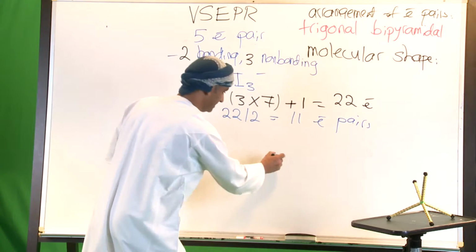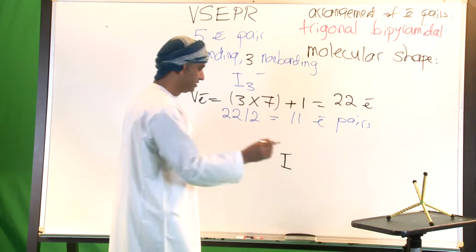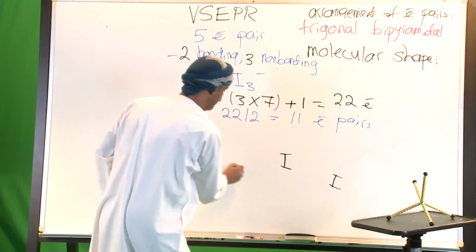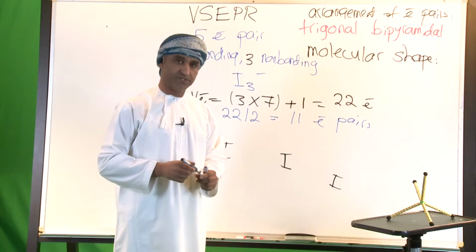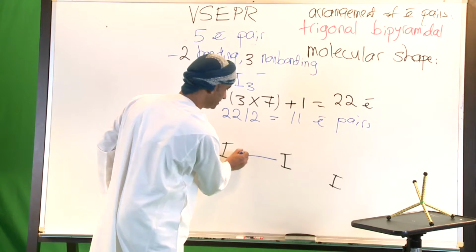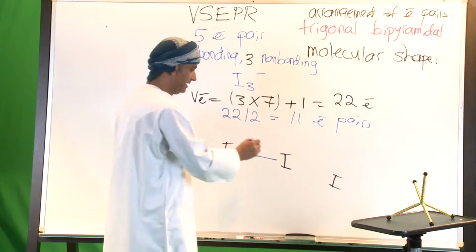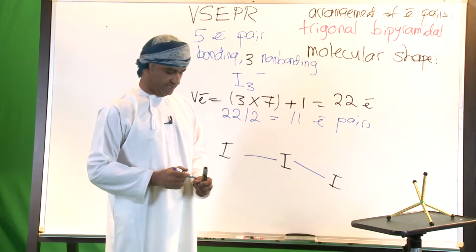So this is iodine, and iodine should be bonded to 2 additional iodine atoms. So that's one of them, and that's another. Next step would be to draw a bond between the central iodine atom and each of these surrounding iodine atoms.